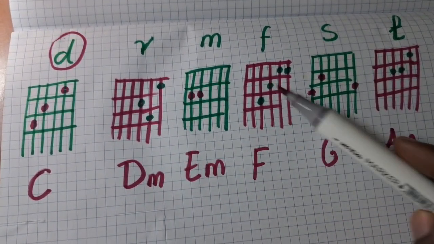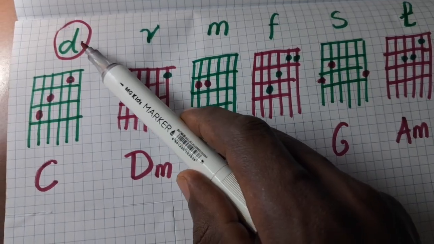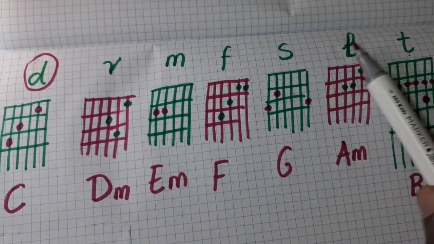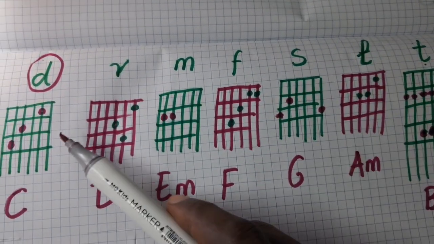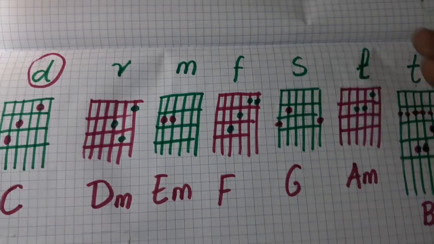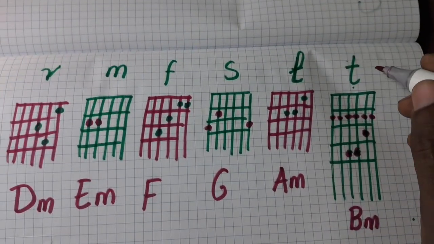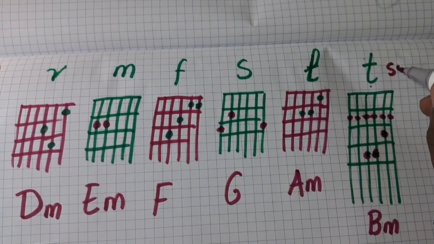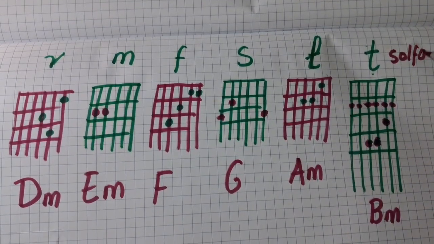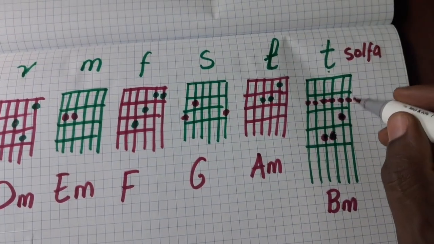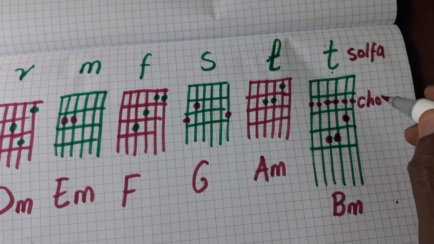So now we are going to start by playing the solfa as they are. Then we'll go to the chords. This one is the solfa note. And then these are the chords.